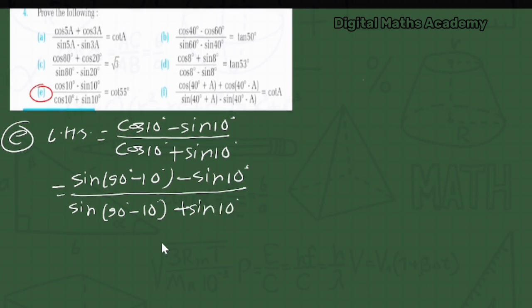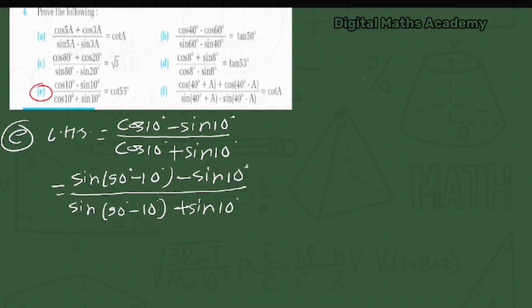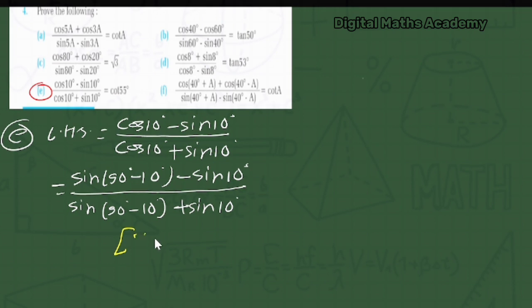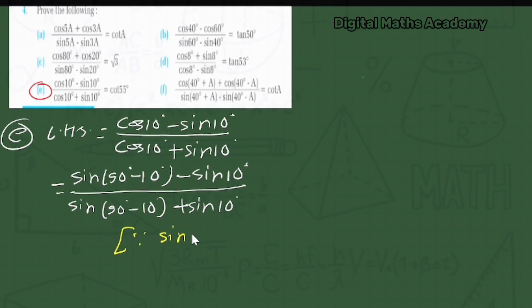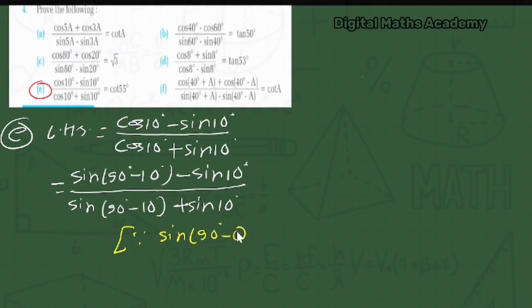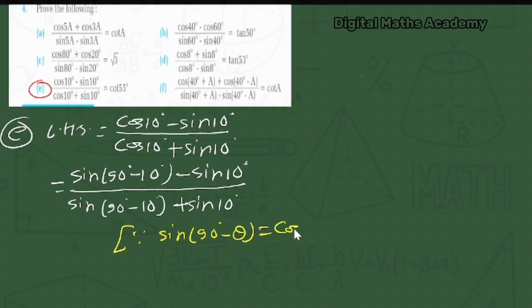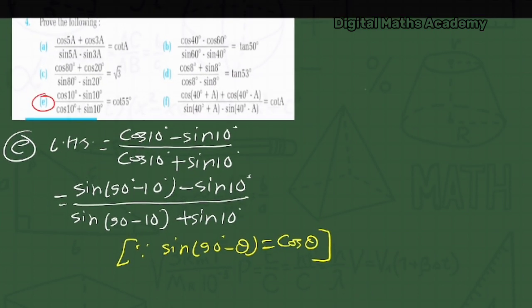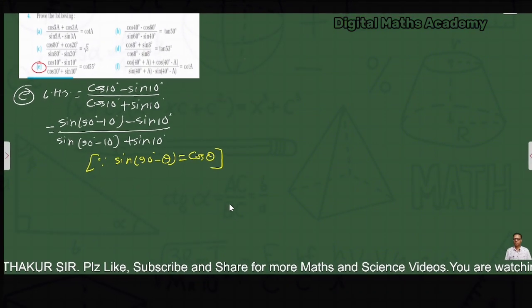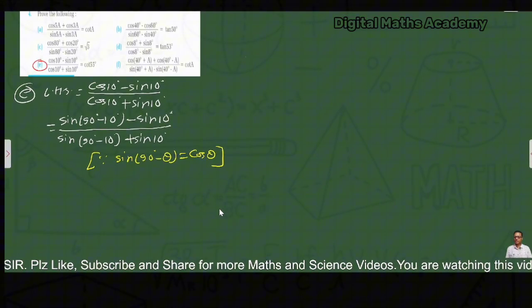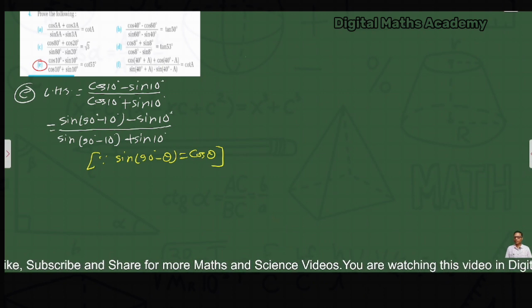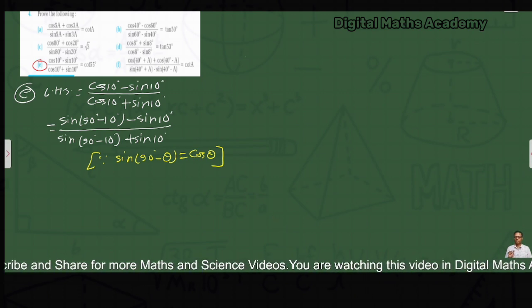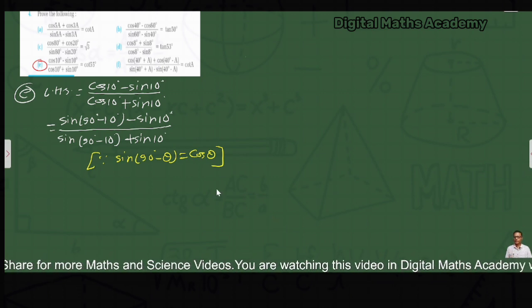To make it more clear, sin 90 degree minus theta equals cos theta. It's a formula, the cast rule. If you haven't seen my video on the cast rule, I have given the link in the description box. Kindly don't forget to see the video as well.